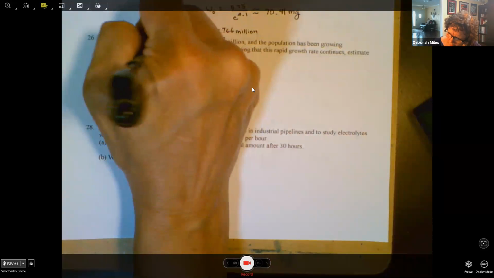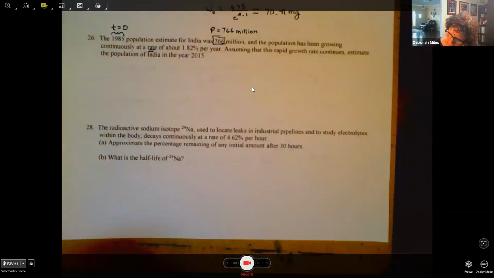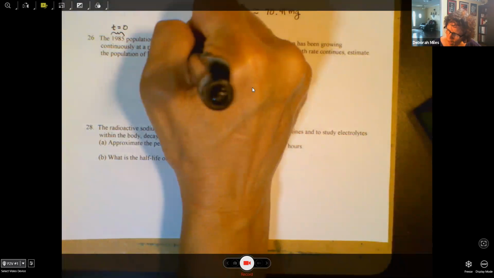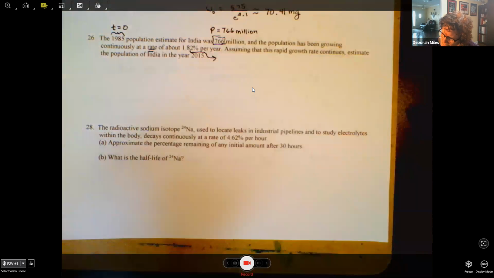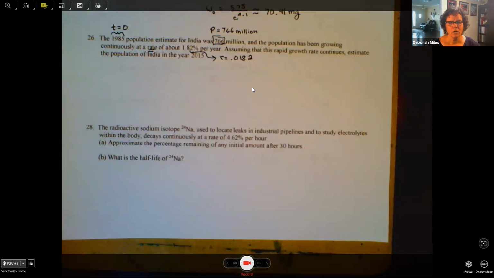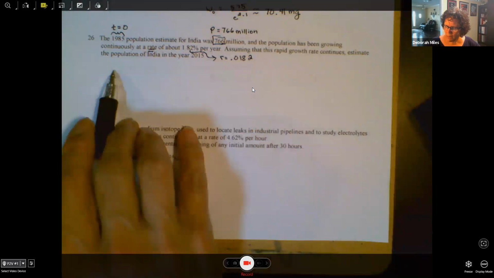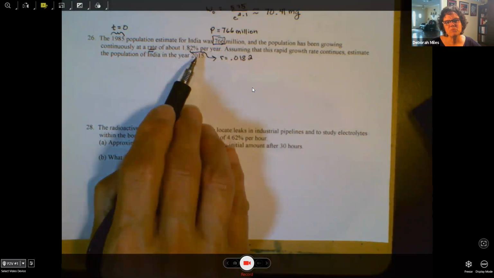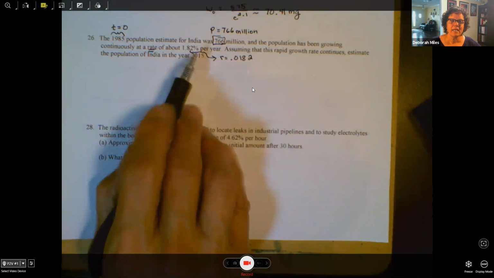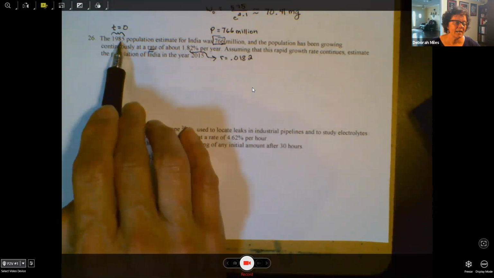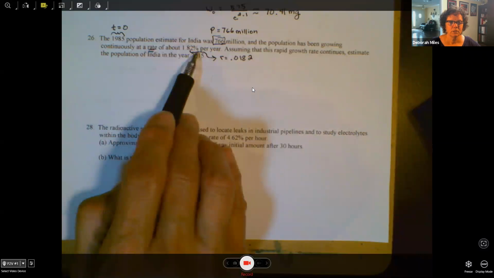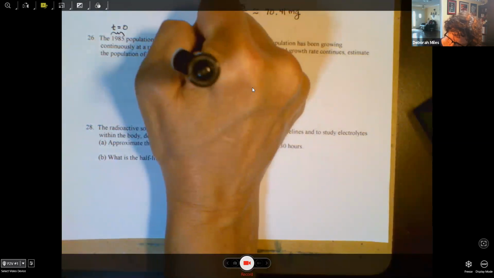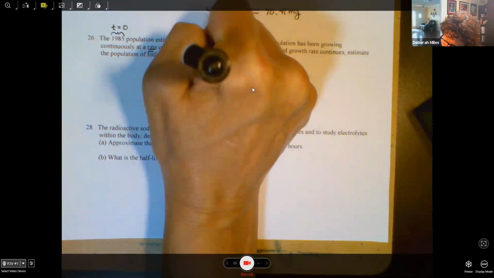That's a rate, that's our R. If we change the 1.82% to a decimal, we'll have R equals 0.0182. And we're supposed to estimate the population of India in the year 2015. Well, what will T be in 2015 if T equals 0 is the year 1985? 2015 is 30 years after 1985. And so in the year 2015, T will be 30.